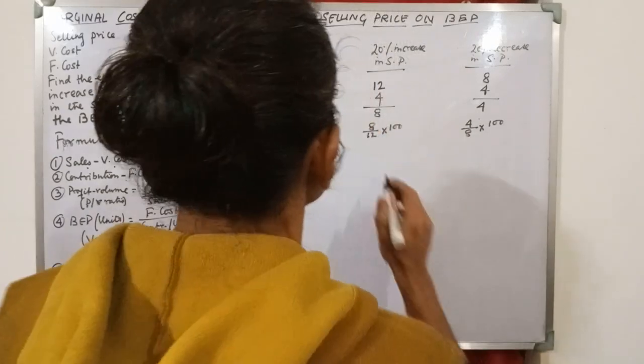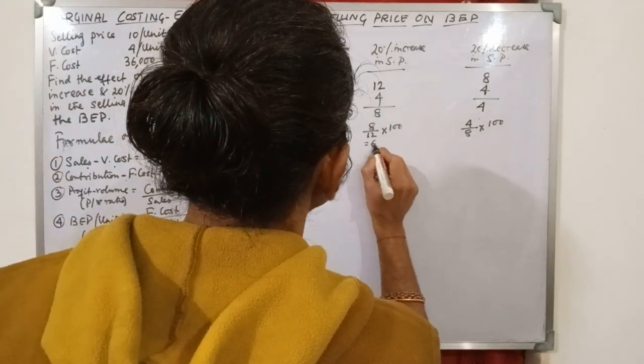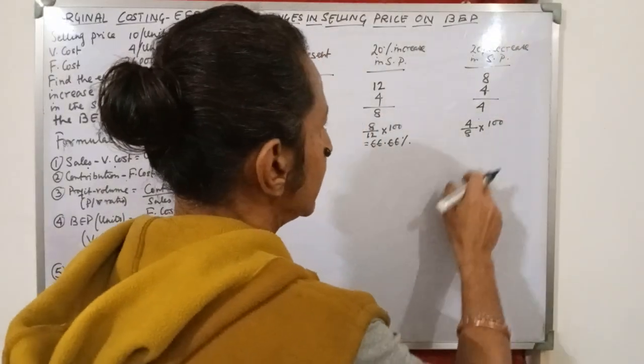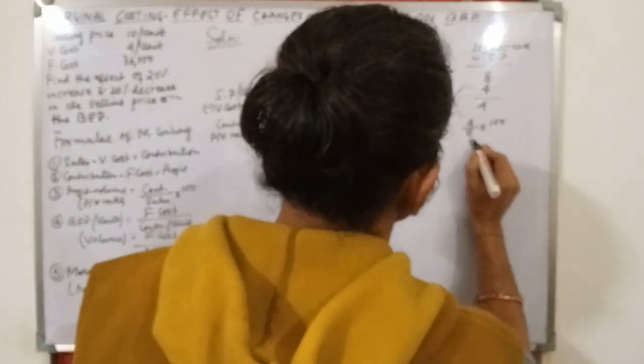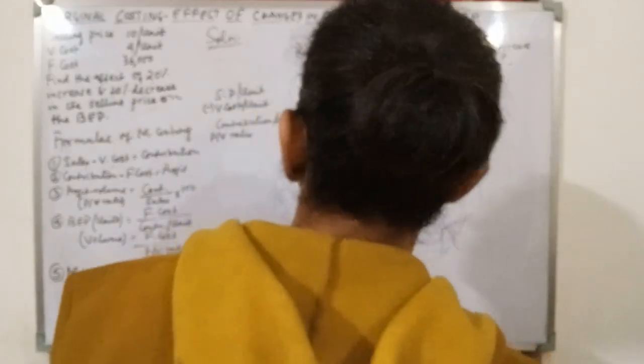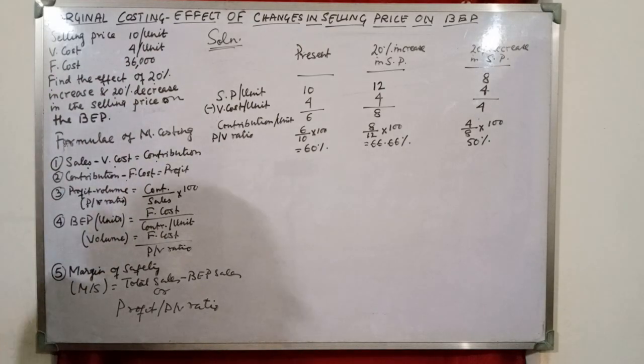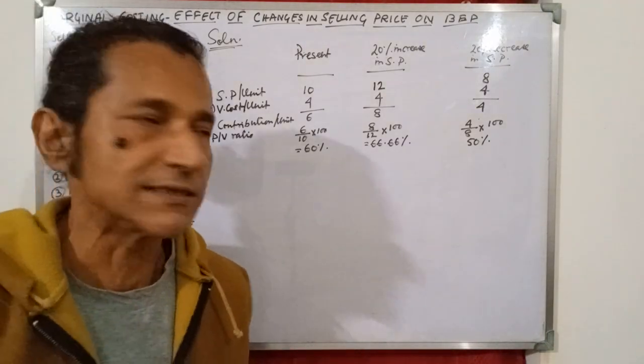It is 66.66%, and 4 over 8 into 100, straight away 50%. So we have got the PV ratios for different selling prices.